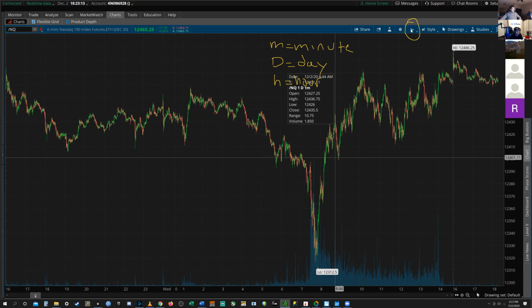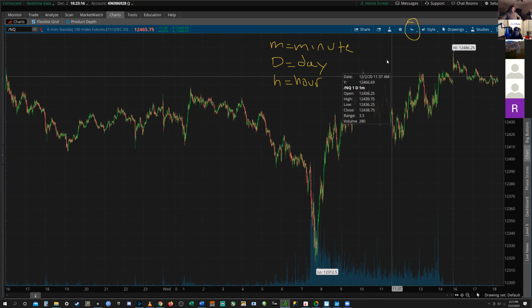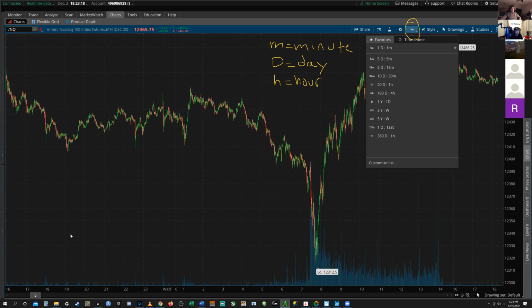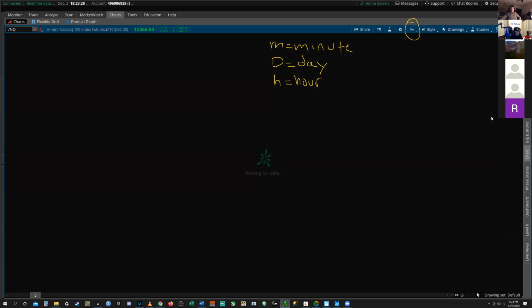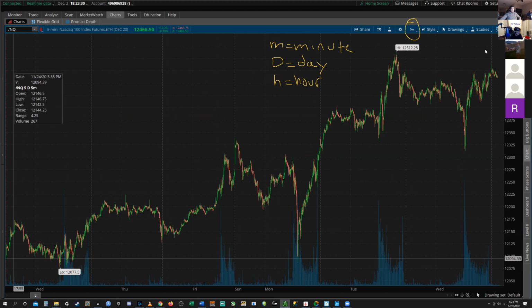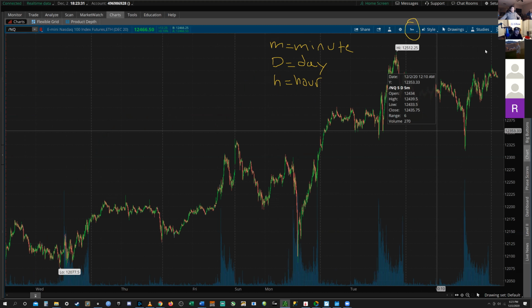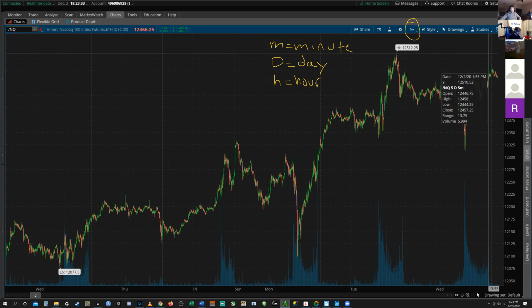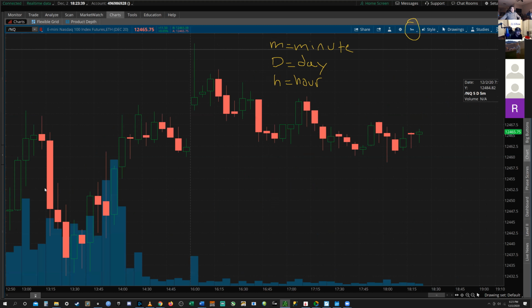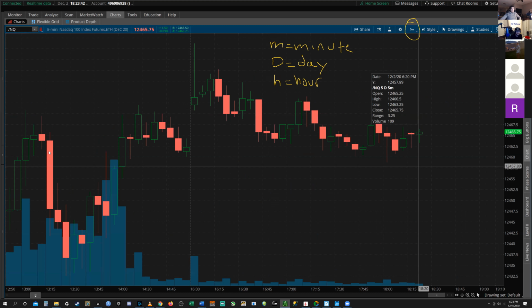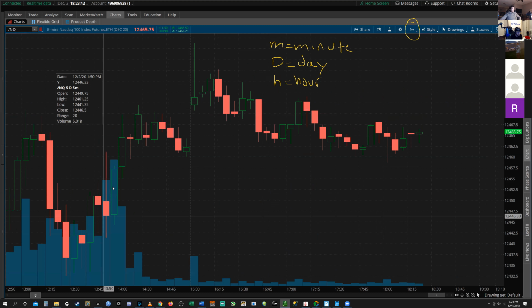So for day trading, I look at 5D, meaning 5 day, but I'm going to see my candlesticks in 5M, meaning 5 minute increments. It still looks kind of wonky and there's a lot of stuff, but each one of these candlesticks is 5 minutes.